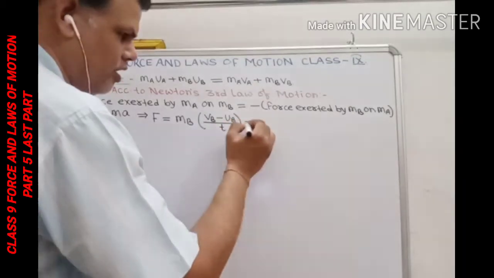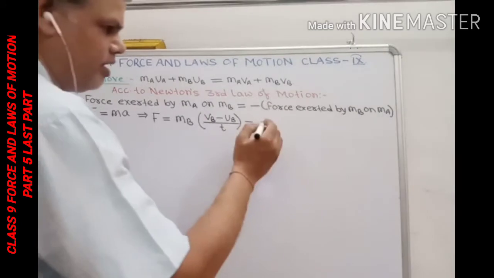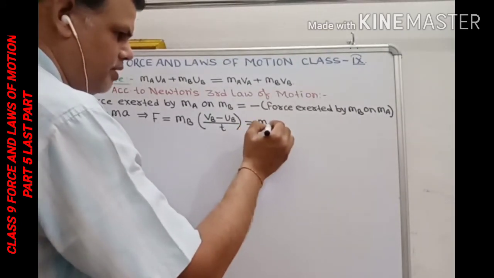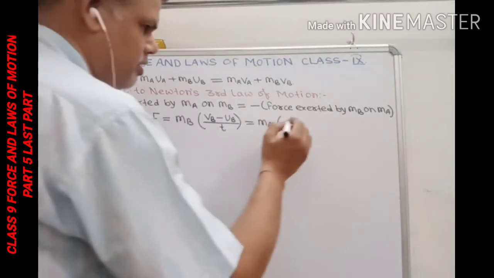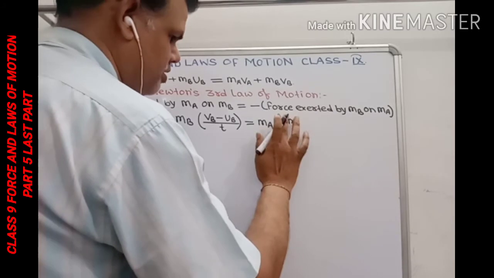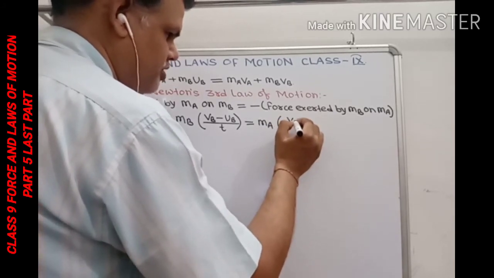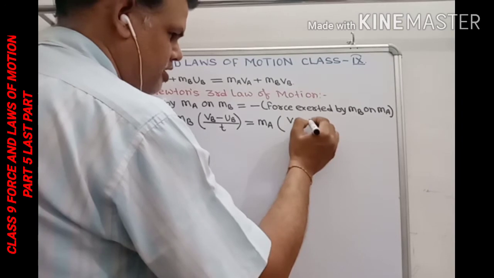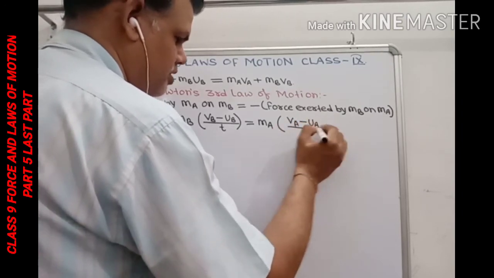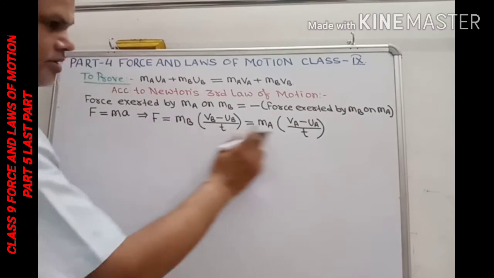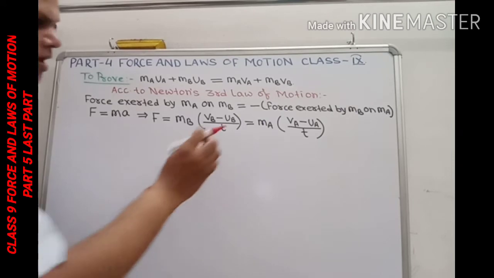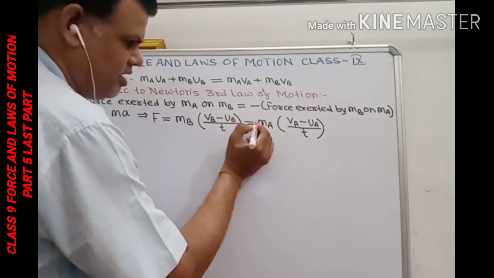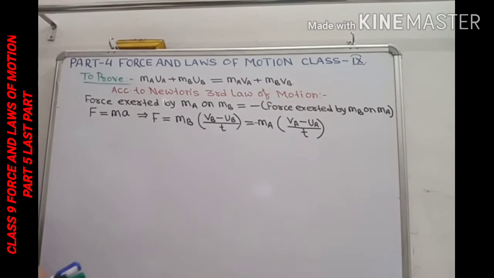It will be equal to, for object A, MA common, mass of A times the final velocity of A minus initial velocity of A upon time t. But these are in opposite directions, so we have to put a negative sign here. Clear? Now we will solve it.